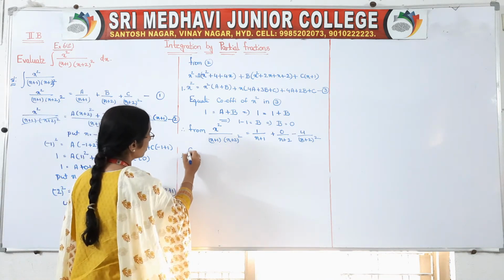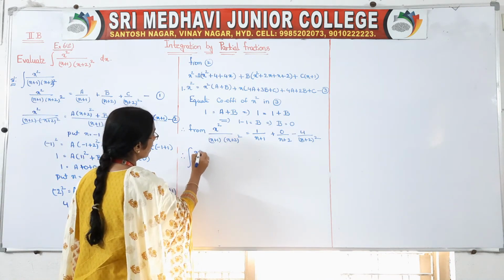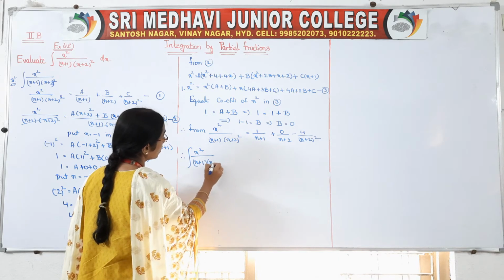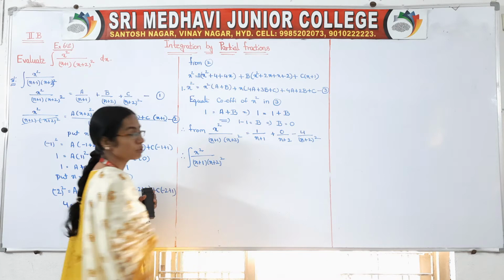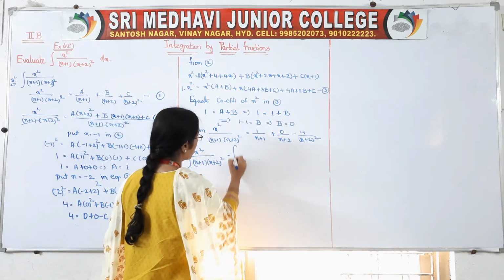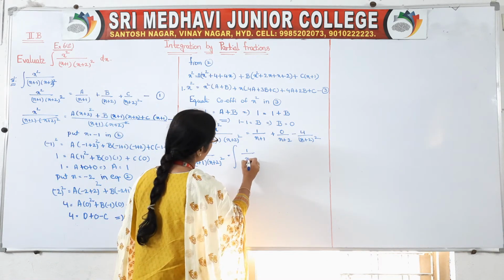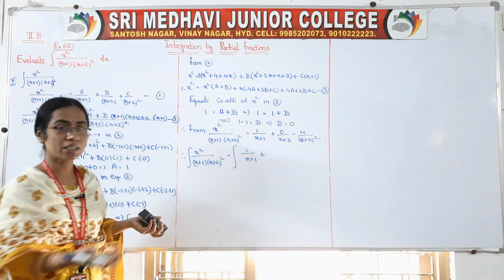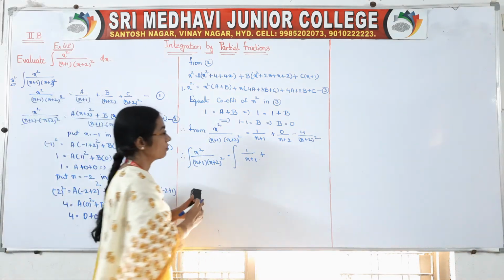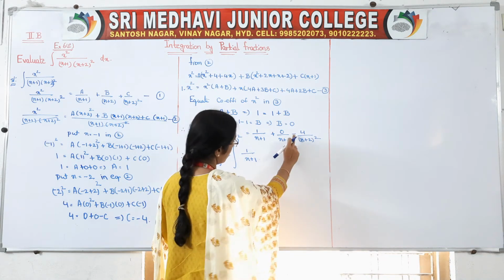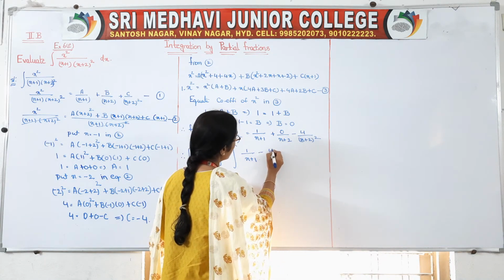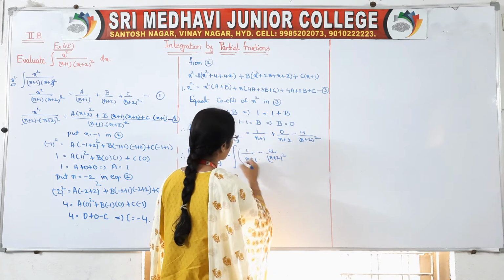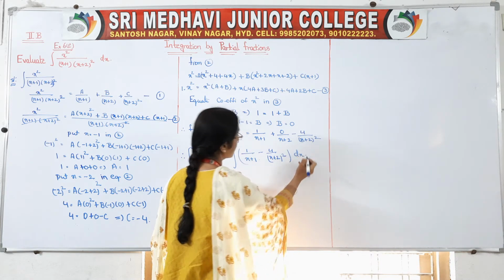So therefore integral of x square by x plus 1 into x plus 2 whole square is equal to integral of 1 by x plus 1. The next term is 0, 0 by something is 0, no need to take that value. So plus of minus, this is minus 4 by x plus 2 whole square into dx.